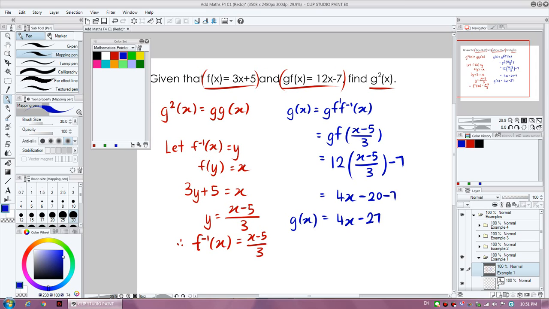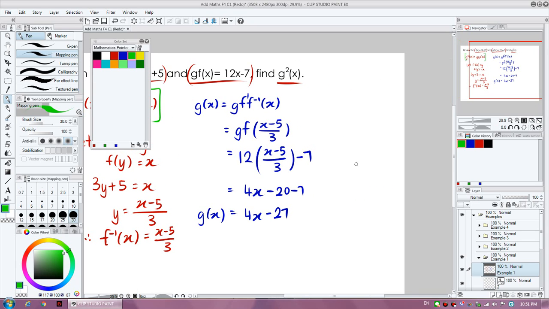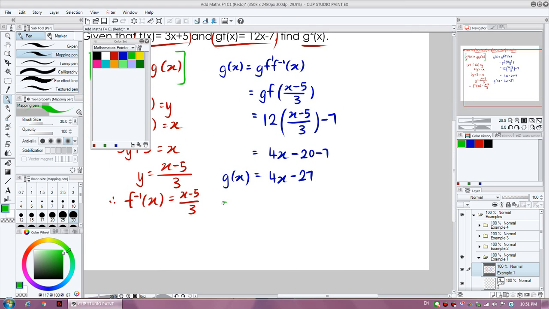According to the first part, g squared x is g(x). I already found g, so it's actually pretty easy. G squared x equals g of g(x), which is g of 4x minus 27, so 4 times 4x minus 27, minus 27.